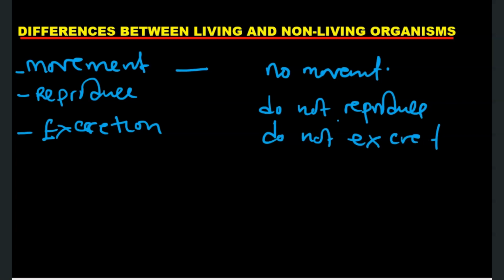It's just the opposite of the characteristics of living organisms. You can go on and look at other characteristics of living organisms, and they do not apply to non-living organisms.